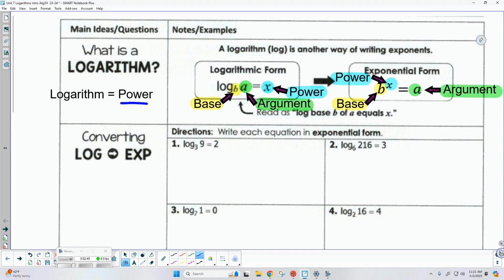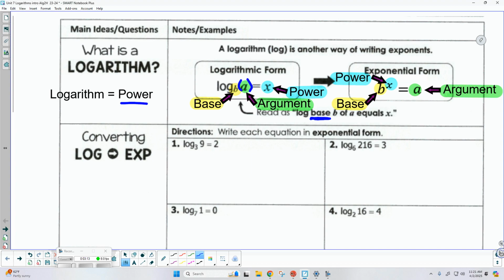A couple things I want to point out: this b is a subscript, but you want to say the word base prior to whatever the base is. So you'll say log base, whatever that may be, of whatever's in parentheses. This one doesn't have them, but I'll throw those in there. Whatever's in parentheses for the logarithm, that's what we refer to as the argument.